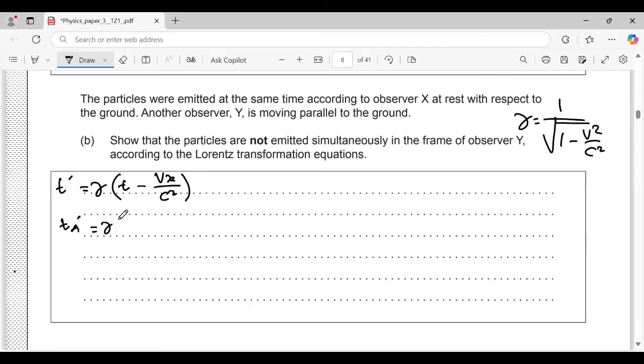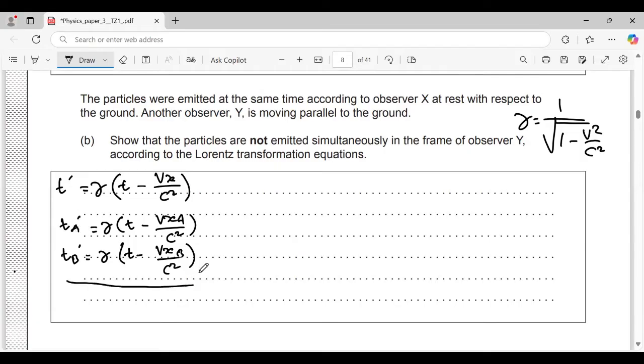t'A equals gamma times (t minus v xA over c squared), and t'B equals gamma times (t minus v xB over c squared). Now subtract t'A and t'B.